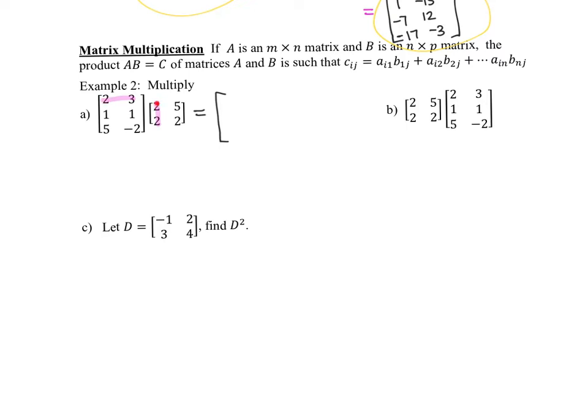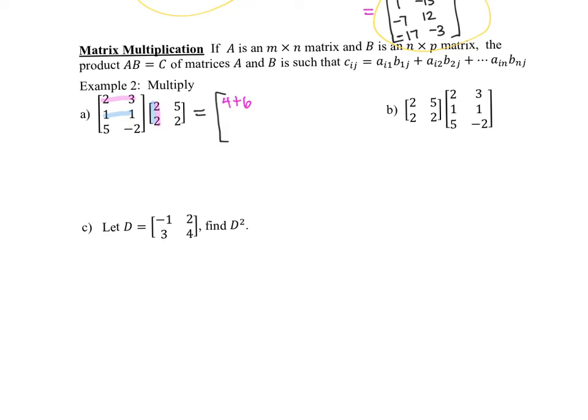So 2 times 2 is 4 plus 3 times 2 is 6. Okay, now I'm going to go down to the second row with the first column. If I do the second row with the first column, then it goes in row 2, column 1.